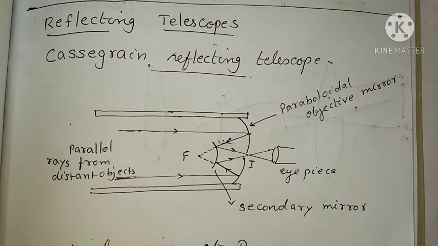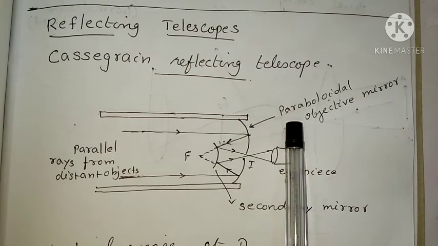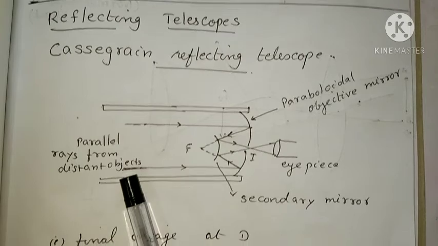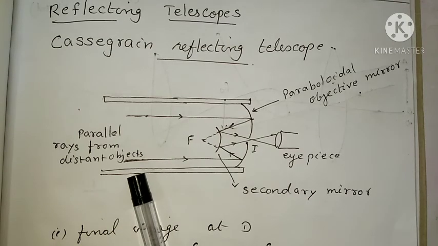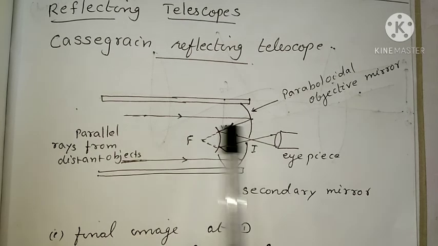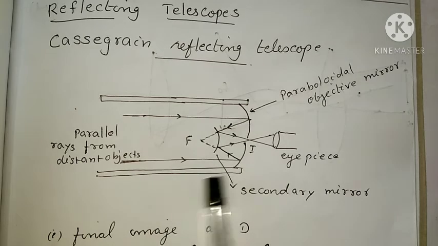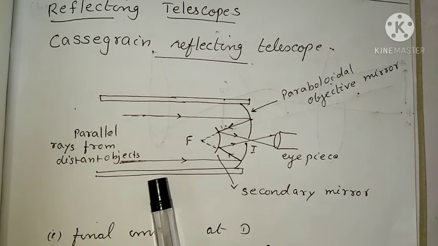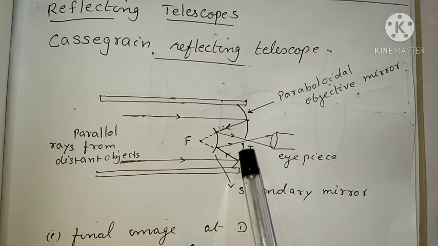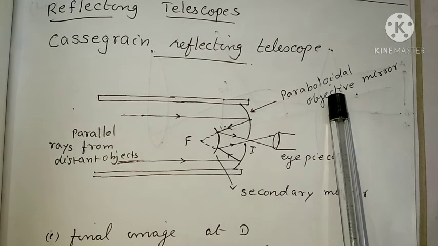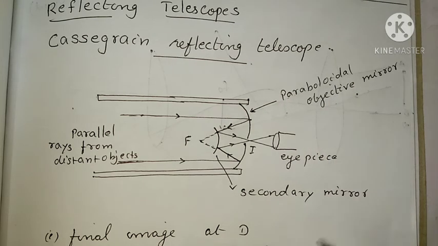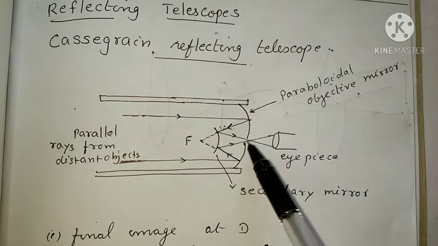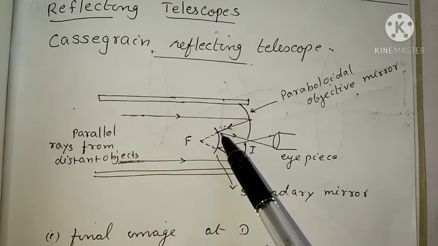Here we will study the Cassegrain reflecting telescope. The figure shows the Cassegrain reflecting telescope. In this type of telescope we use mirrors, concave mirror. This is the ray diagram for the Cassegrain telescope. It consists of a large concave mirror, that is the paraboloidal mirror, and it acts as an objective, having a hole at its center, and there is a small convex mirror.